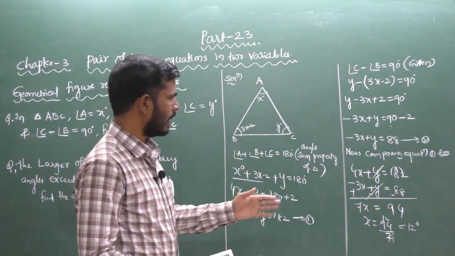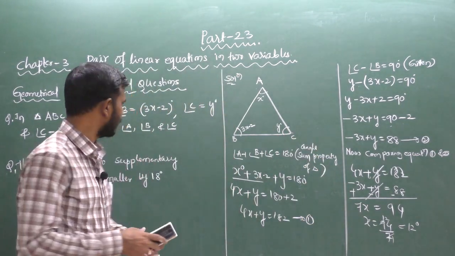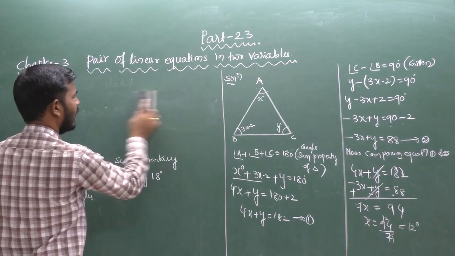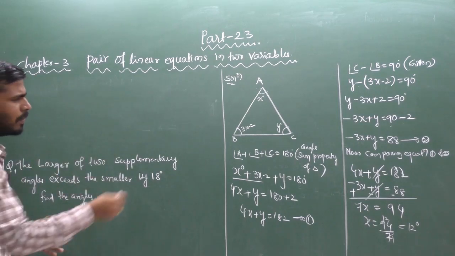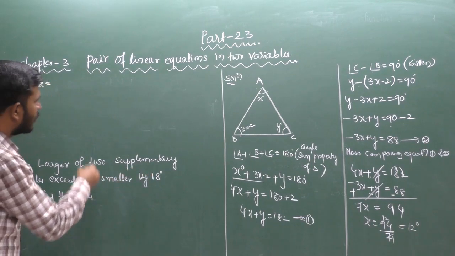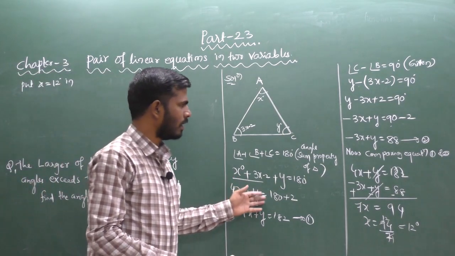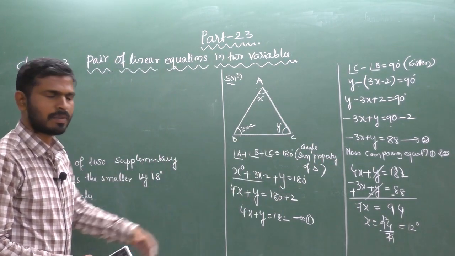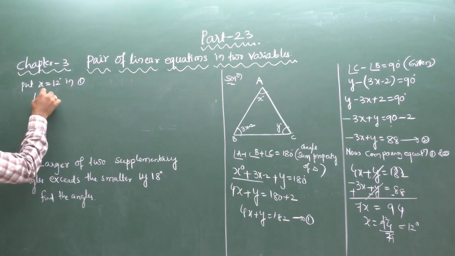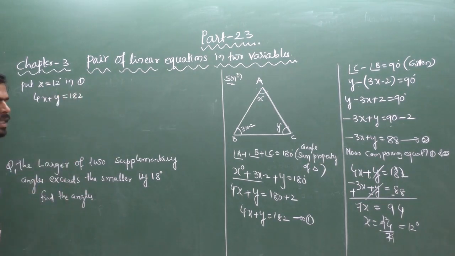Next you have to substitute the x value in equation number 1 or 2, and we will get the y value. Let us see. I am writing here the x and y values. So put x equal to 12 degree in equation number 1, or you can substitute in equation number 2. So I am substituting in equation number 1. Equation number 1 is 4x plus y equal to 182.